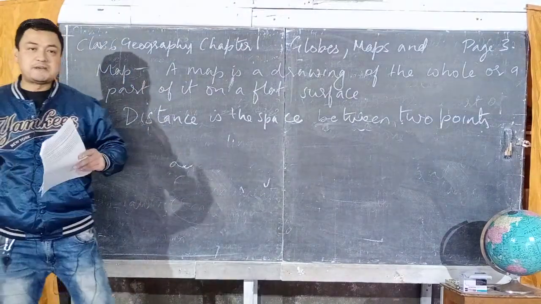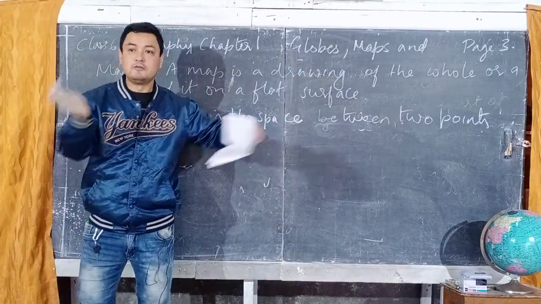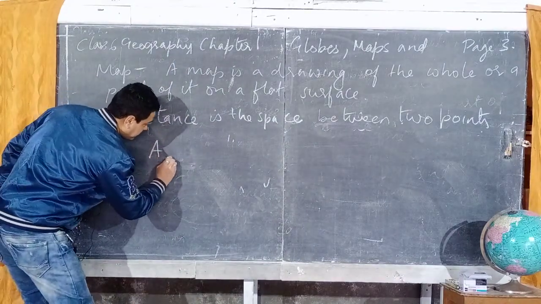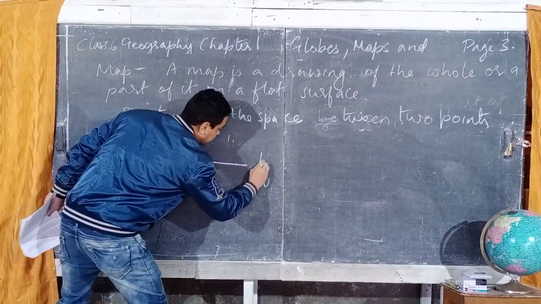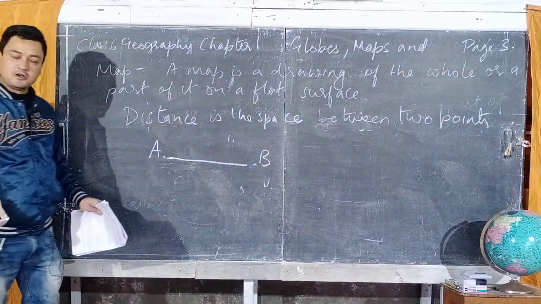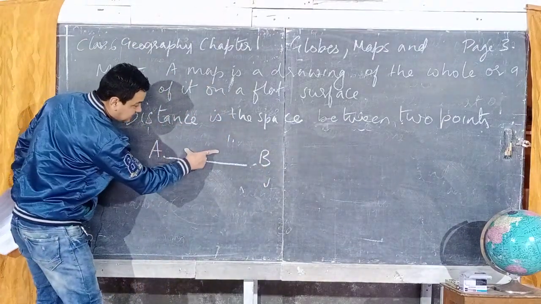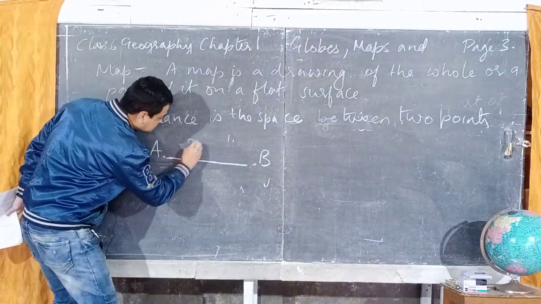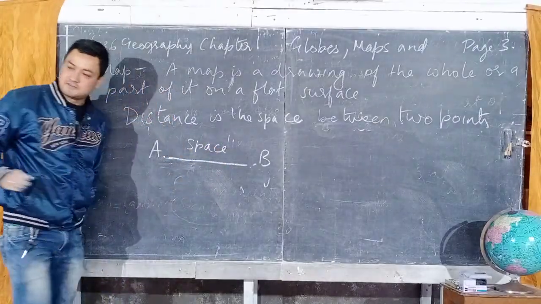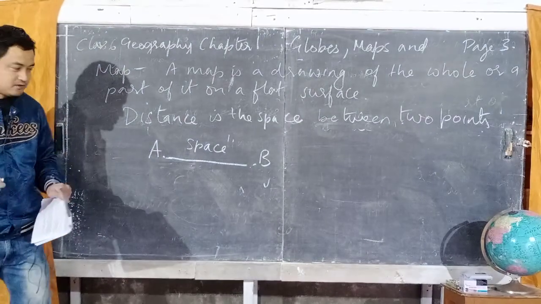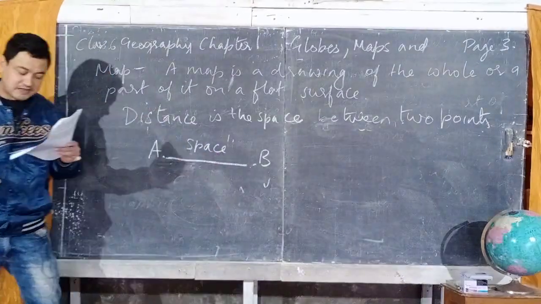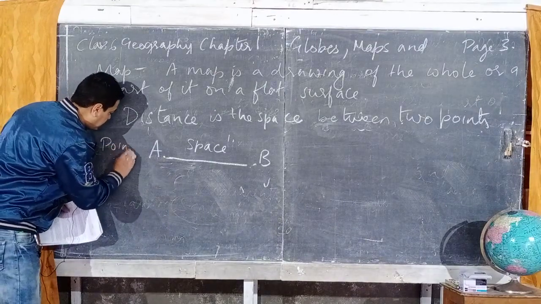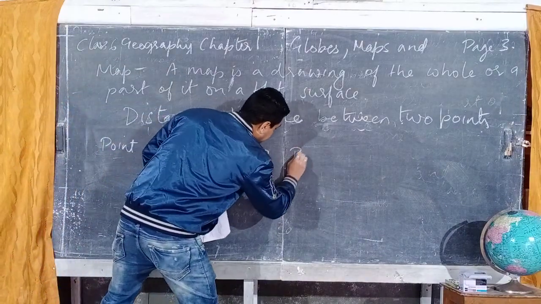Distance means a space between two points, from A to B. Let's take A as one point and B as another point. The distance is the space between the two points, point A and point B. Are you getting my point?